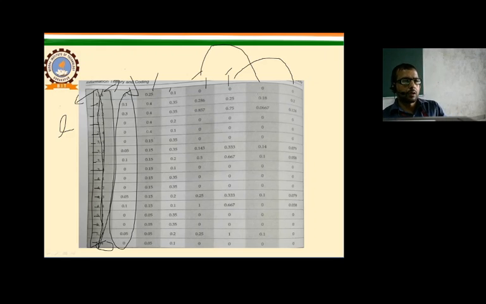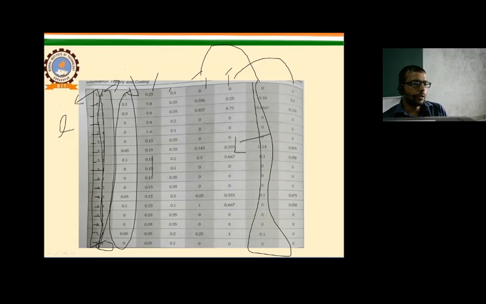So to get the final conditional entropy of x given y, simply if we add all the elements of that column, we get the conditional entropy H(X|Y).